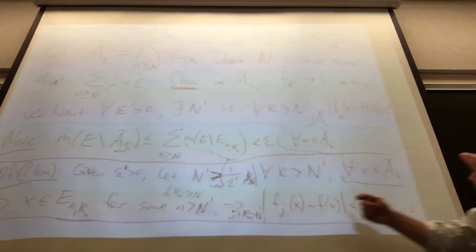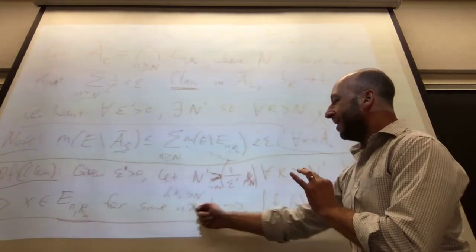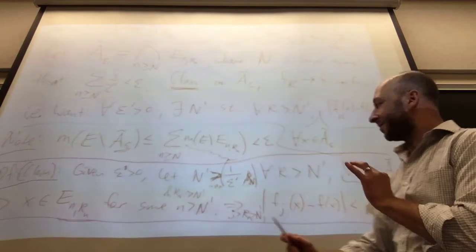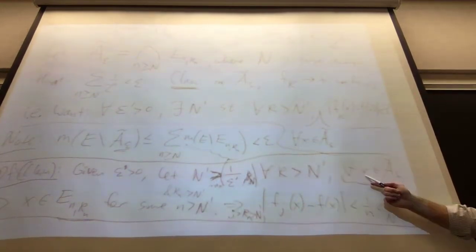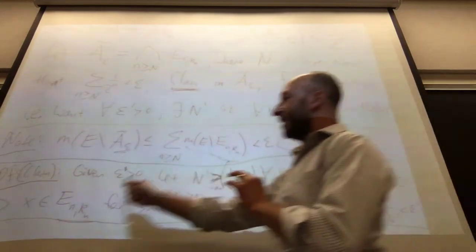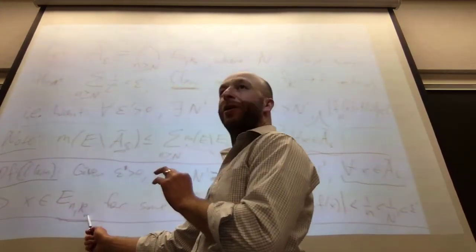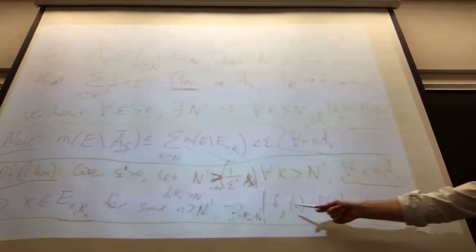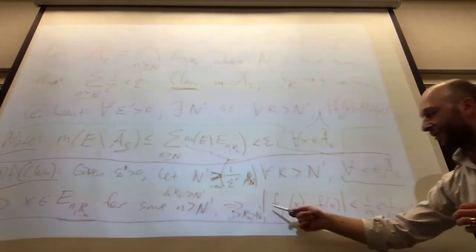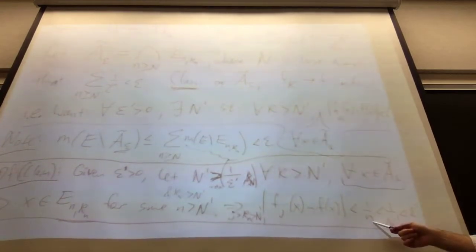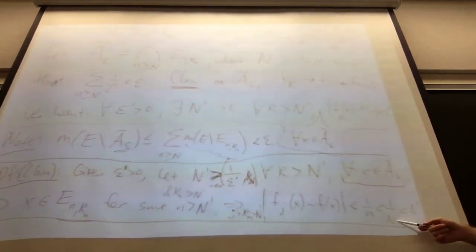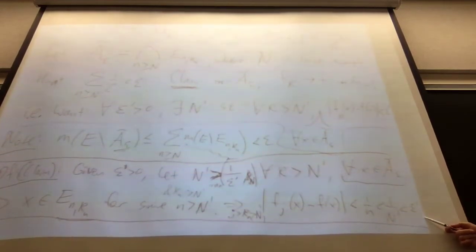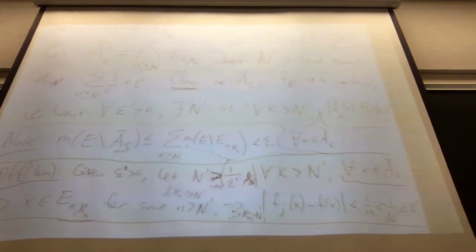Eventually, both n will be bigger than n prime and k_n will be bigger than n prime. Okay? For any x in A tilde epsilon, it's in one of these with n and k_n big enough. On each of those sets, for every j after a certain point, this difference is at most 1 over n, which is at most 1 over capital N prime, which is at most epsilon prime. That's uniform convergence. That's the definition of uniform convergence on the set A tilde epsilon.